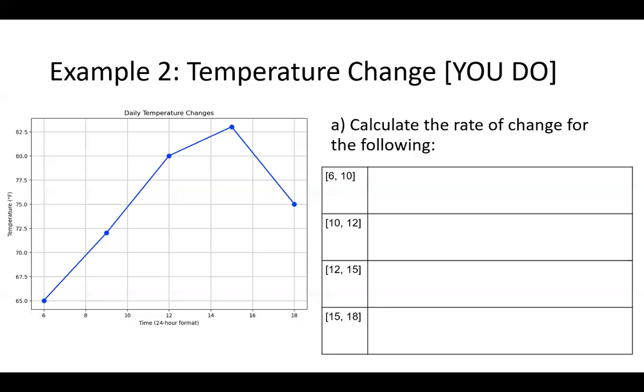All right, so let's talk about it. For 6 through 10, when we are looking for our rate of change, what did you guys get as your rate of change?